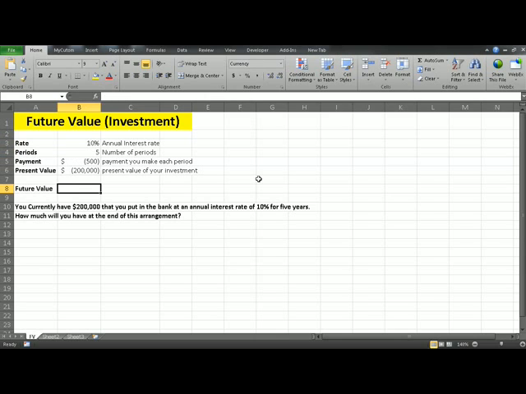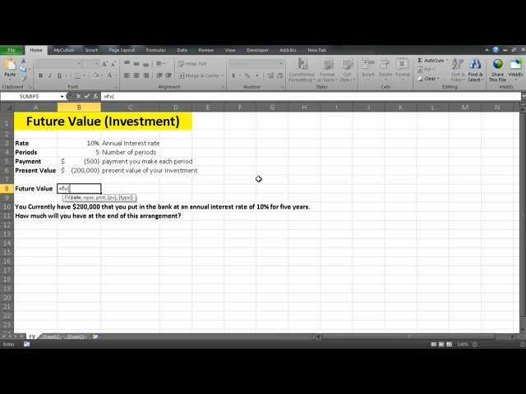Now this can be done very easily in Excel. All you need to do is click in B8, equals FV, the future value function that Excel has provided. Open parentheses. The first argument is rate. This is the annual interest rate that we need to convert to a monthly interest rate, because interest is compounded monthly in this particular case.